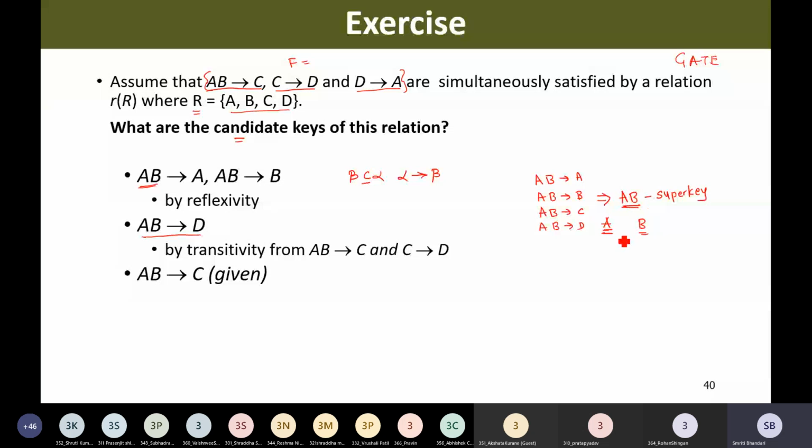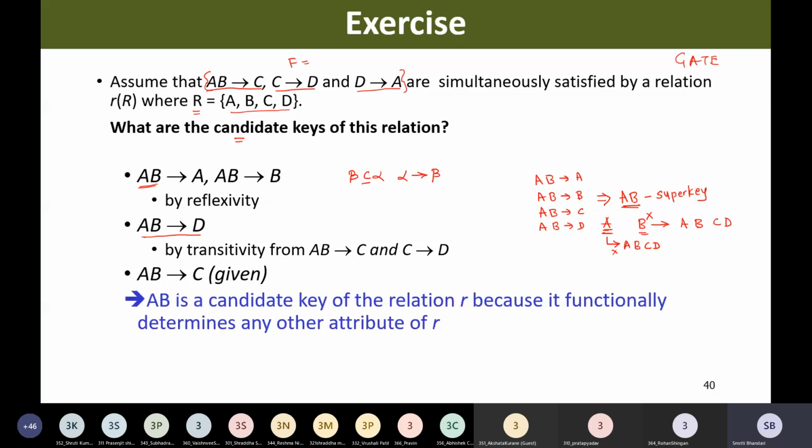If I consider only A, then I may find out that A only will not determine all the attributes A, B, C, D of my relation. Similarly, only B cannot determine all the attributes of my relation. So B cannot determine all the attributes, A also cannot.